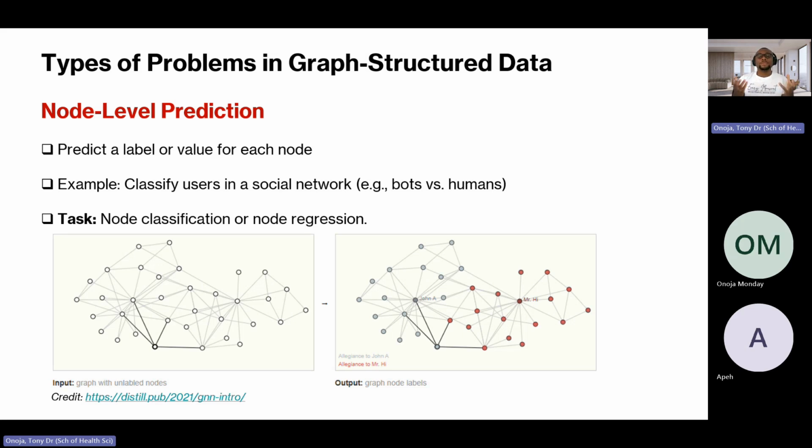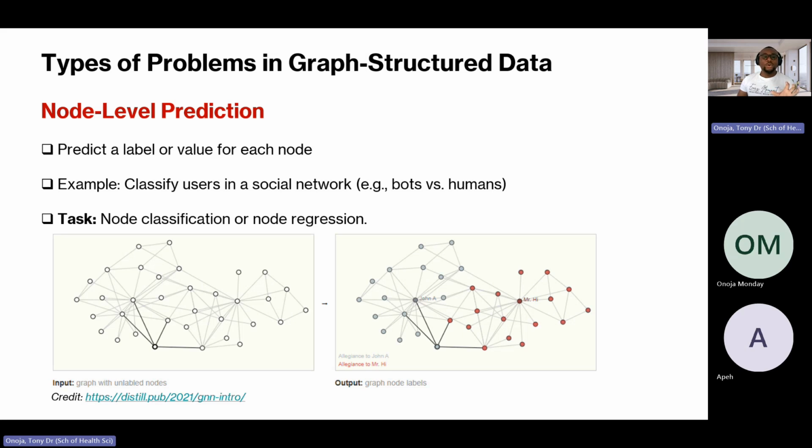So there is a situation where you want to analyze to know if this is a chatbot or a human. That's where the node classification or prediction problem comes into play. So when you look at this network here, for example, you're beginning to predict.